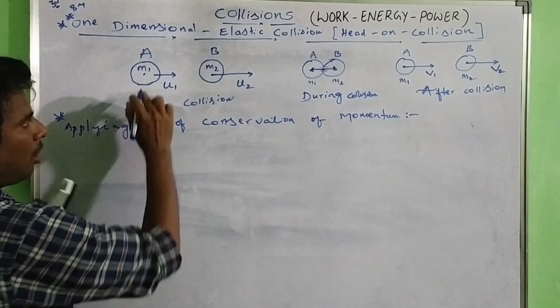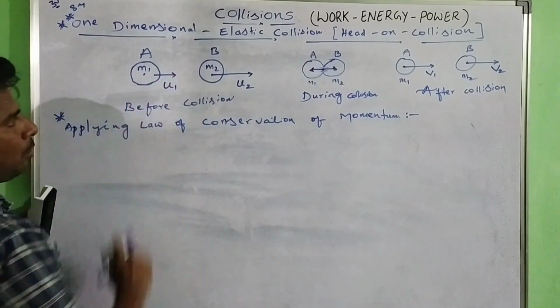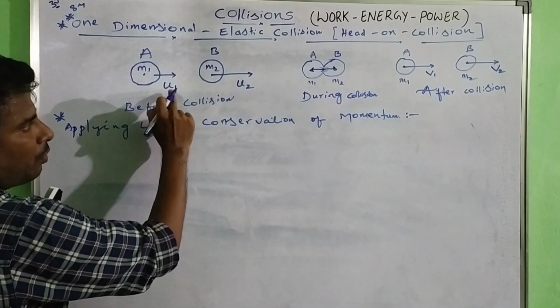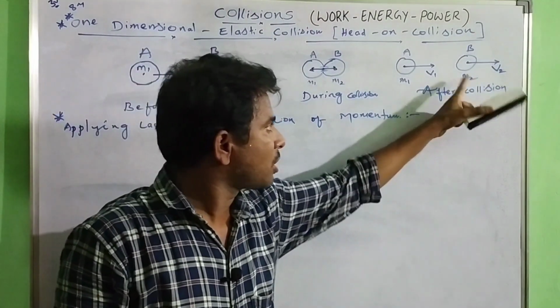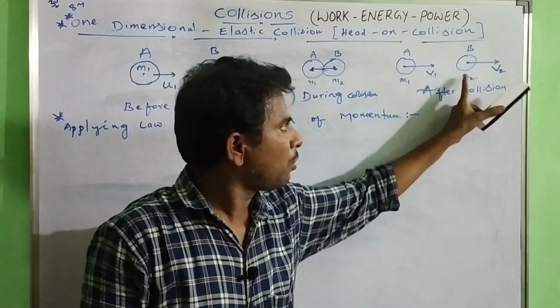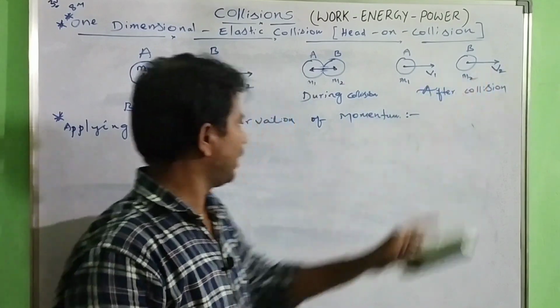Consider two bodies of masses m1 and m2, with initial velocities before collision u1 and u2, and final velocities v1 and v2. After collision, v1 and v2 are to be calculated.